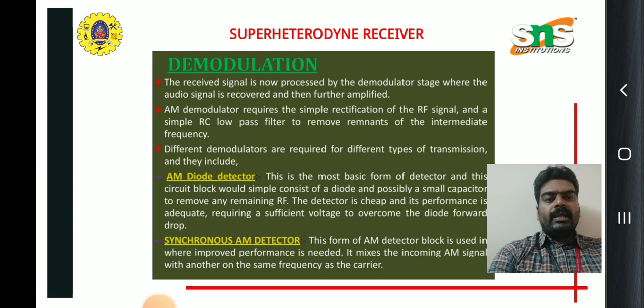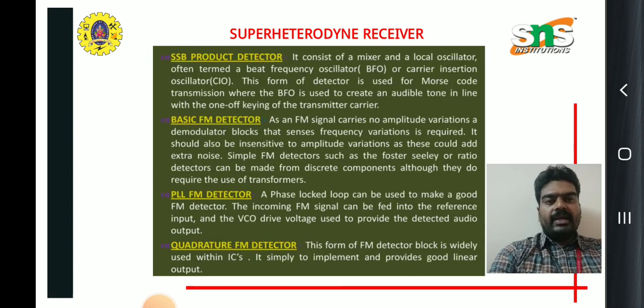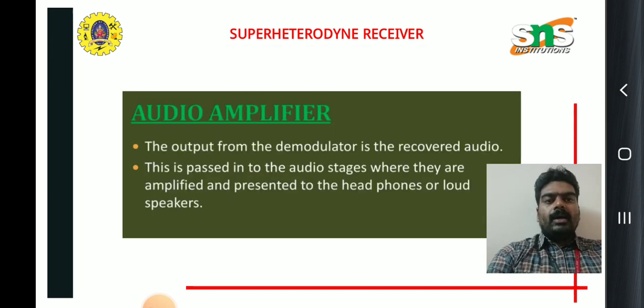Here we have several demodulation processes: the AM diode detector, the synchronous AM detector, the SSB product detector, the basic FM detector, the PLL FM detector, and the quadrature FM detector. In the audio amplifier section, the signal is passed to the audio stages, where it is amplified and presented to the headphones or loudspeakers.